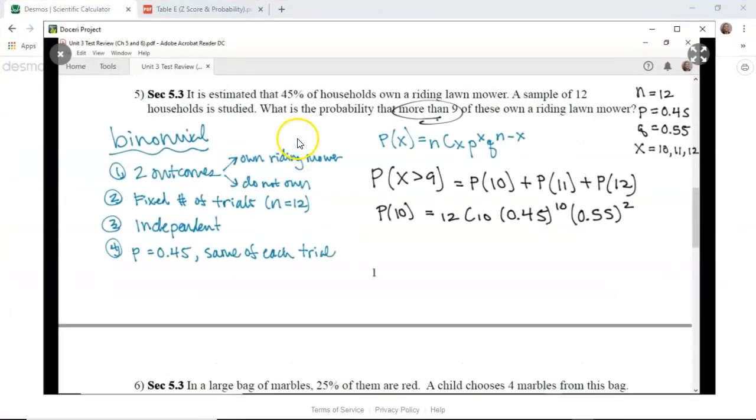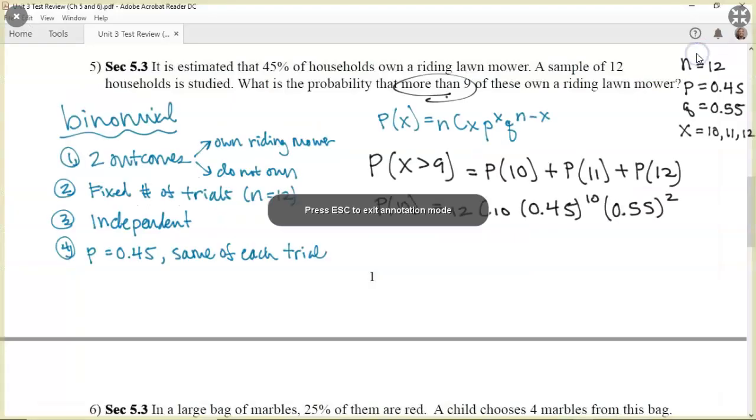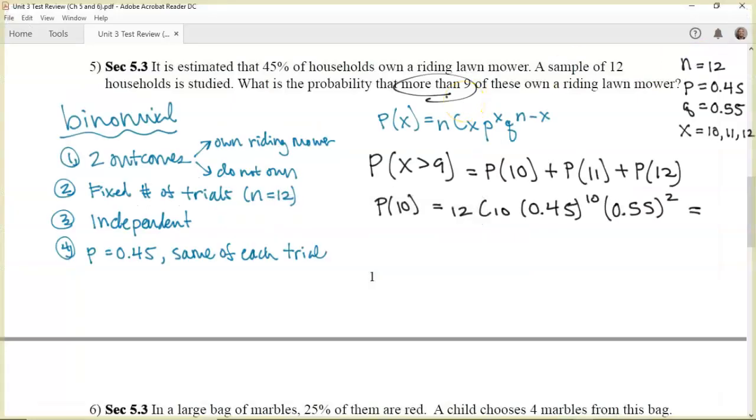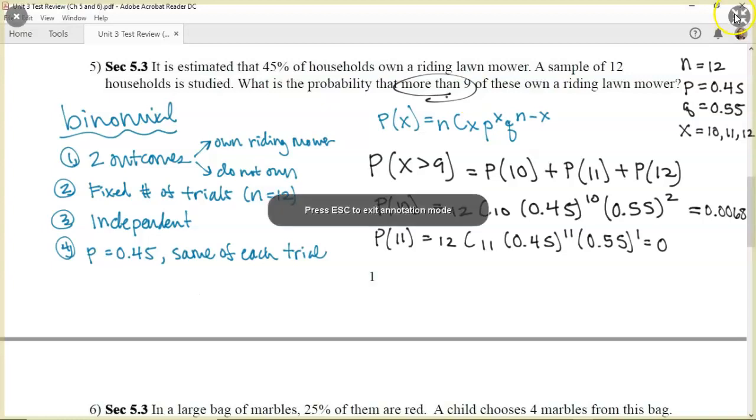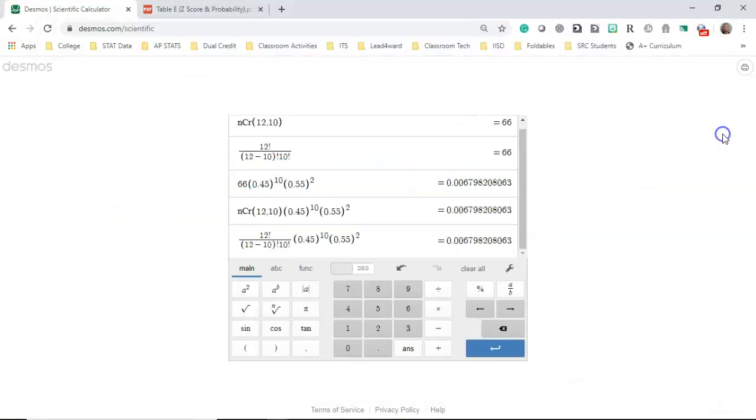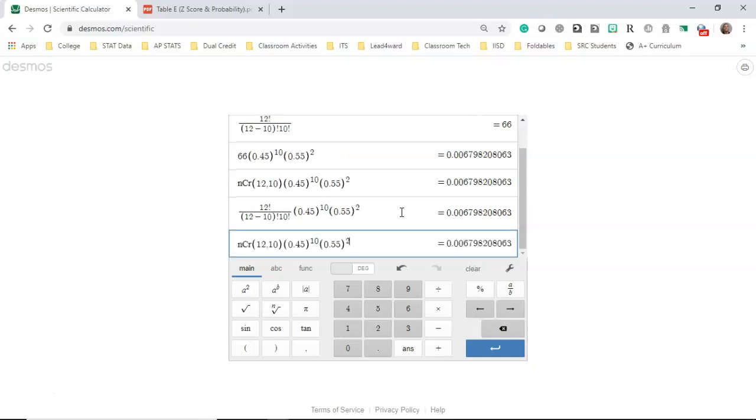So we want to do the same thing for 11 and for 12. So I'm going to round it 0.068, and then we do 11. So 12 choose 11, 0.45 to the 11th power, and then 0.55 to the first power. And when I go back to Desmos here, I'm more likely to probably do this one myself, even though I know how to do it the other ways, because I only have to change 3 numbers.